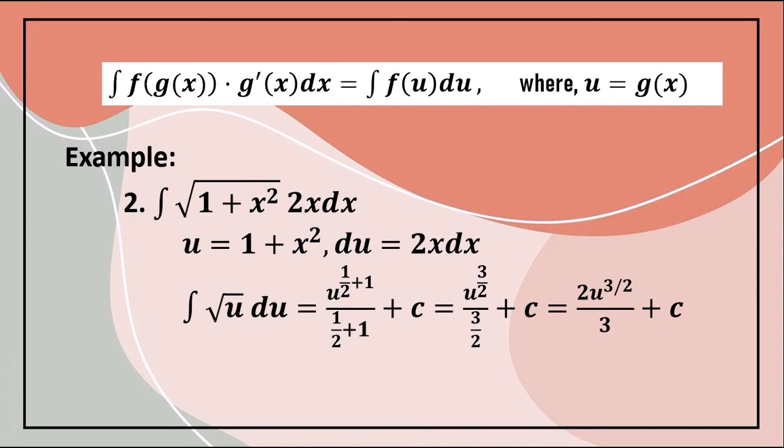Our denominator is a fraction, so we can take its reciprocal. So it will be 2u raised to the power of 3/2 over 3 plus c, and substitute the value of u, so it will be 2 times the quantity 1 plus x squared raised to the power of 3/2 over 3 plus c is our final answer.